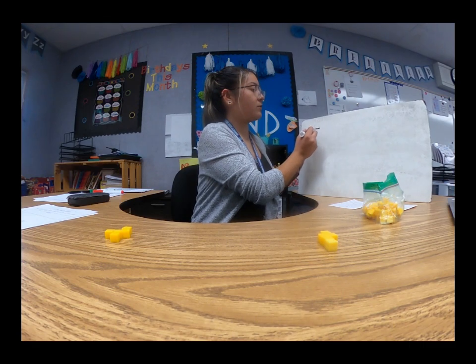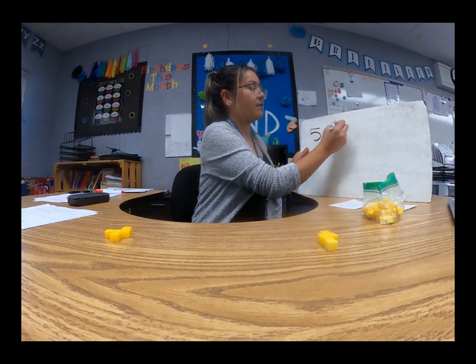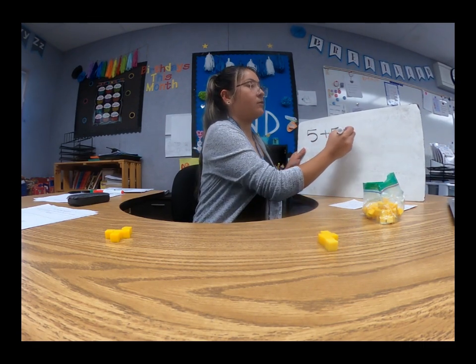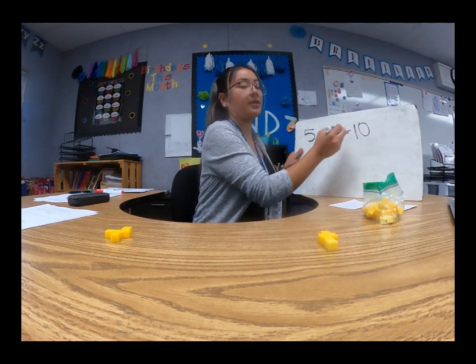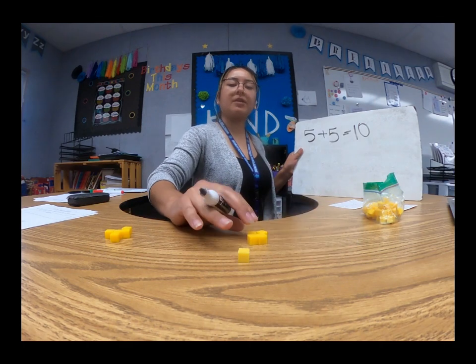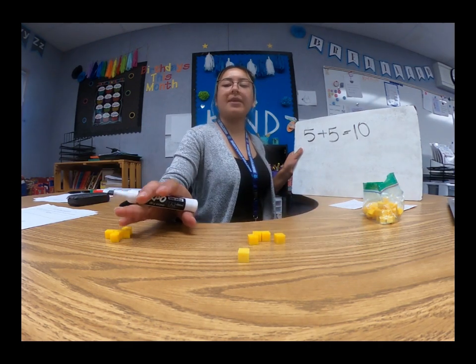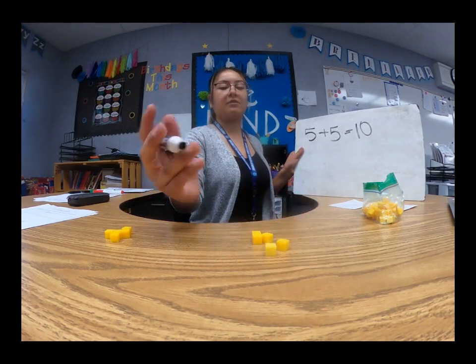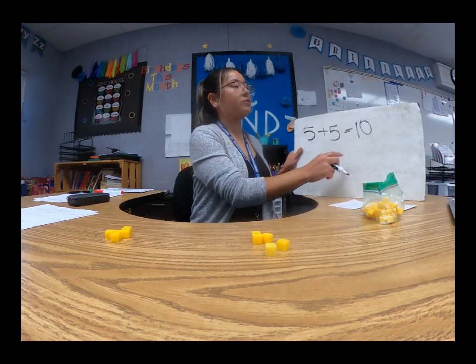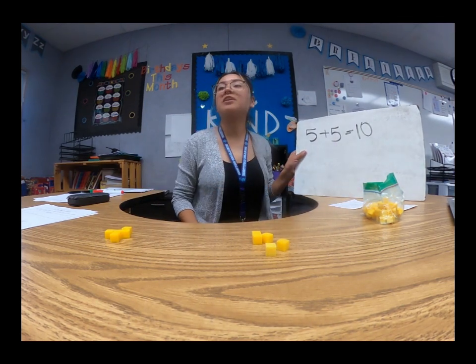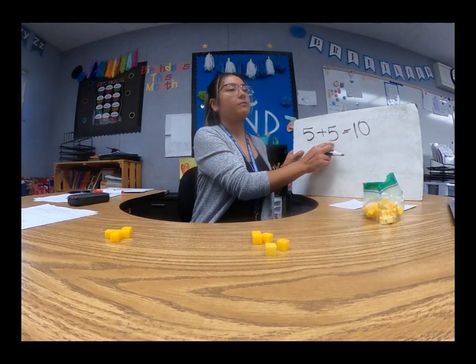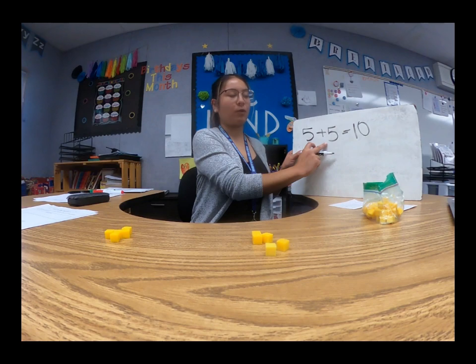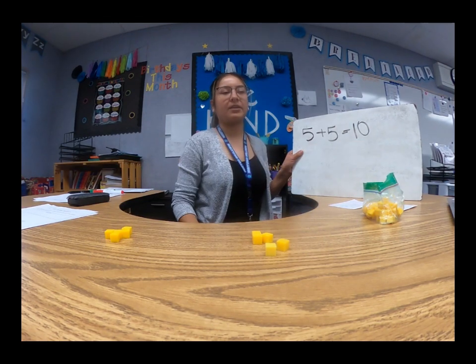So we do 5 plus 5 would equal, Mia, what was it? 10. Very good. And if we count by 2s, when we put them together, we could do 2, 4, 6, 8, 10, and then we have the 2 equal parts, 5 and 5. So we know 10 would be an even number because we have the 5 and the 5. They're 2 equal parts put together. That equals that even number.